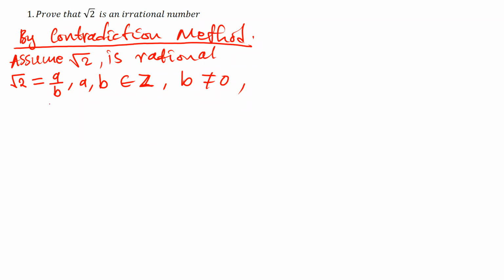What that means is that a and b, or this fraction a over b, should be in its lowest term, meaning there shouldn't be any number that should go into both a and b. So we say where a and b are co-prime factors.